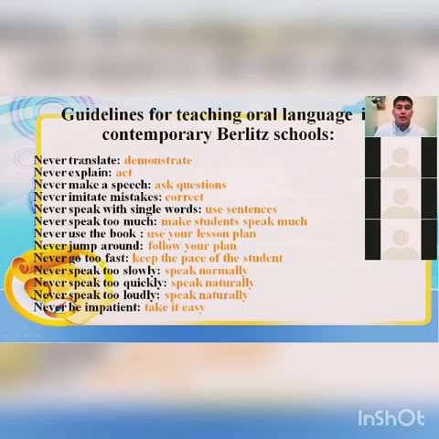For example, instead of translating, here we never translate but demonstrate, never explain but act, never make a speech, ask questions. It means the teacher should not speak too much. Students must speak. Never imitate mistakes, correct them. Never speak with single words, use sentences, and never speak too much, make students speak.